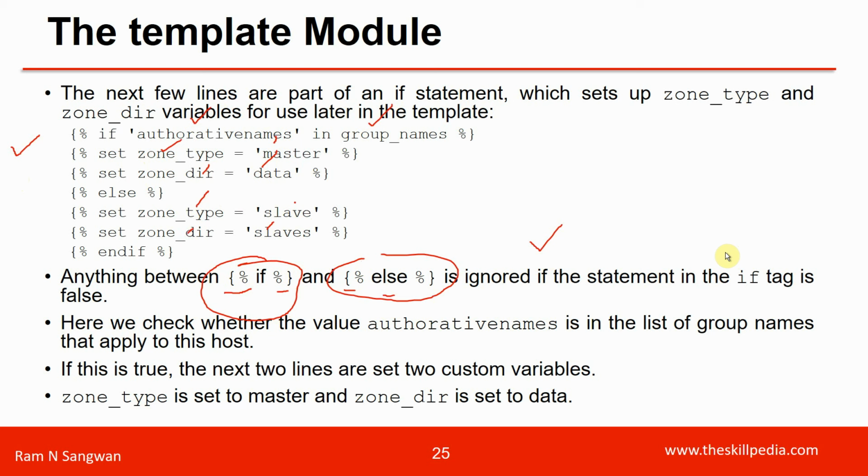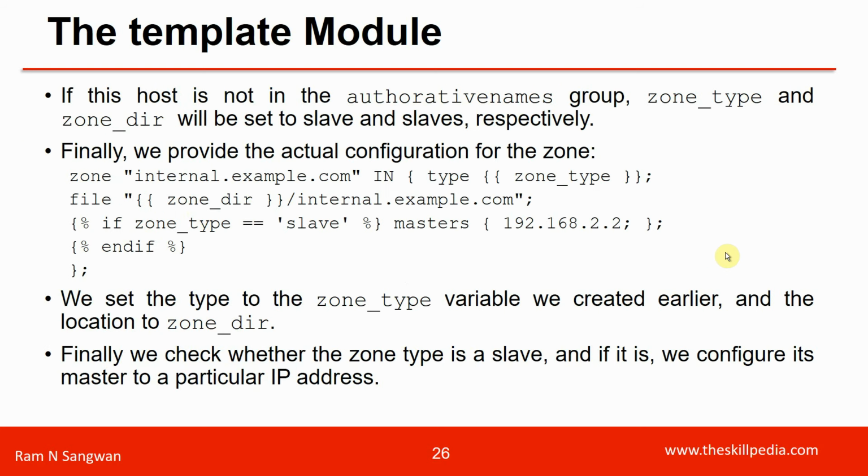Here we check whether the value authoritative names is in the list of group names that apply to this host. If this is true, the next two lines are set to custom variables. Otherwise, the else section will be executed. If this host is not in the authoritative group, the zone type and zone directory will be set to slave and slaves respectively.